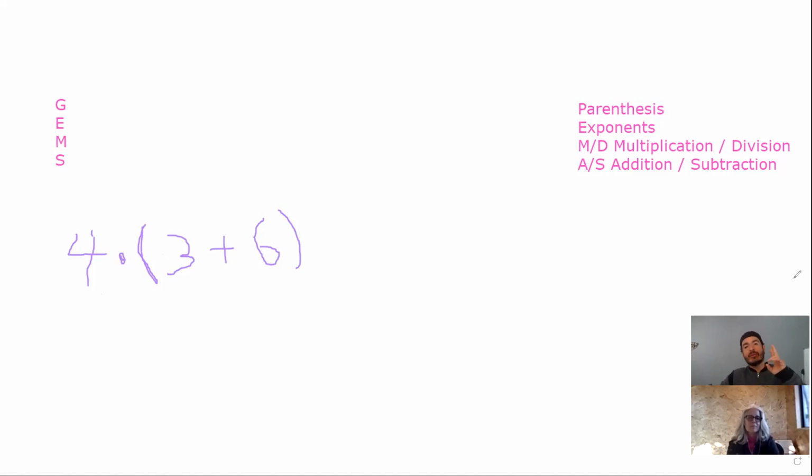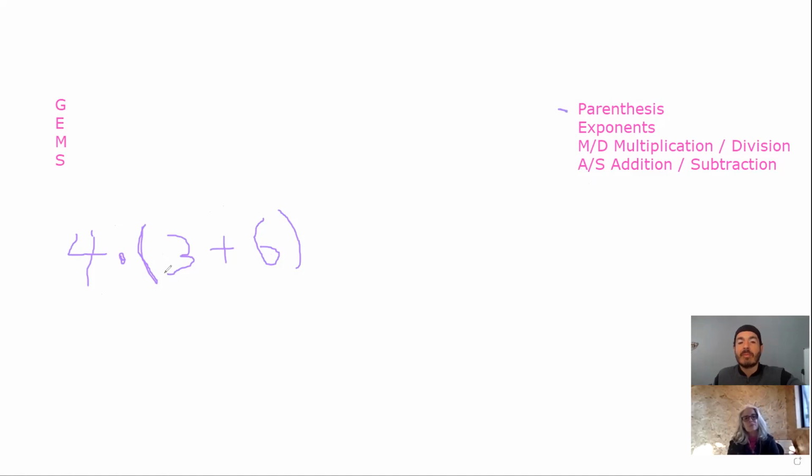Okay, so we have 2 operators going on here and a parentheses. We have addition and we have multiplication. Order of operations tells us to do multiplication before addition, true, but it tells us to do whatever's inside the parentheses before we do anything else.